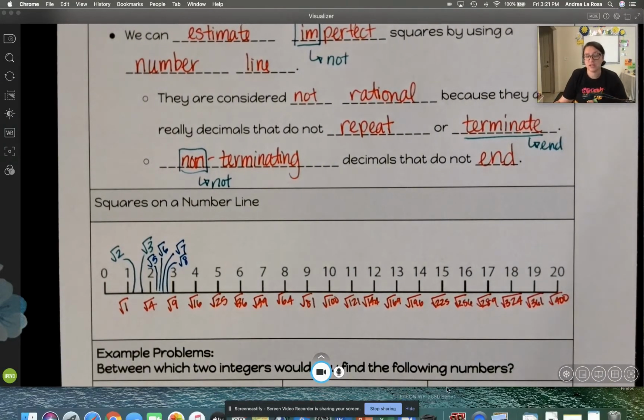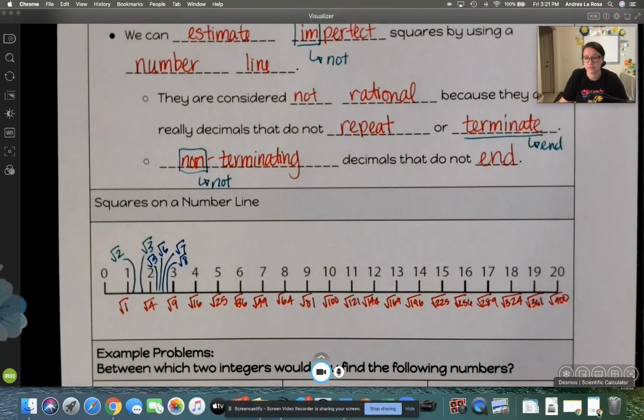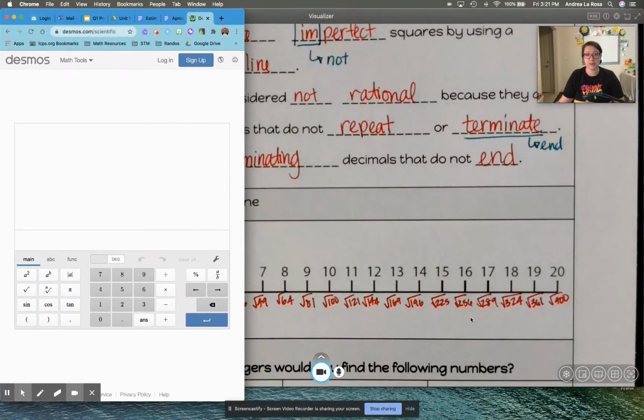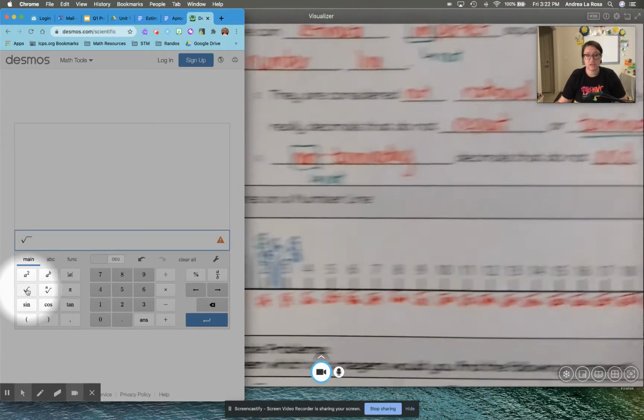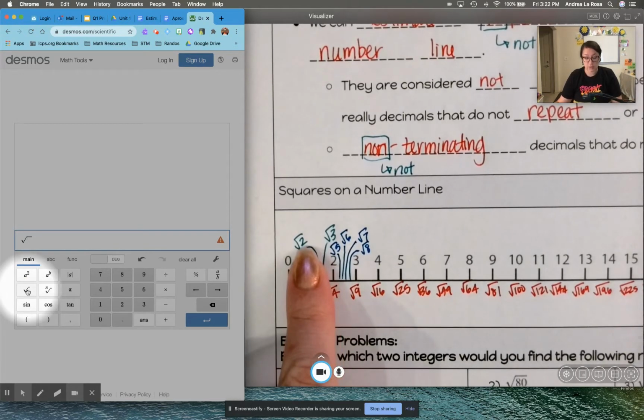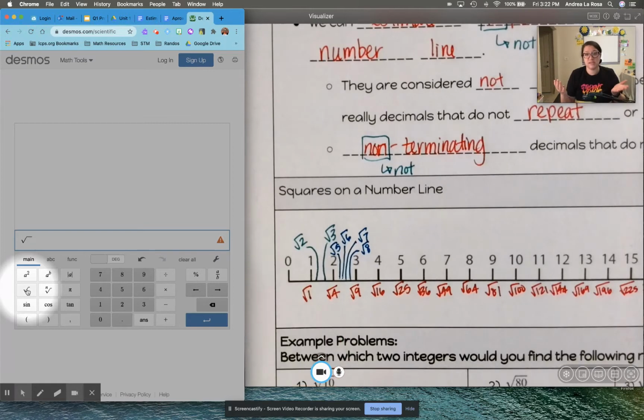I wanted to show you what that looked like on the calculator. So if I open up Desmos right over there, if I want to type the square root, I'm going to be clicking this button right here. Let's do the square root of 2 right after 1. So what number times itself is going to give me 2 exactly?